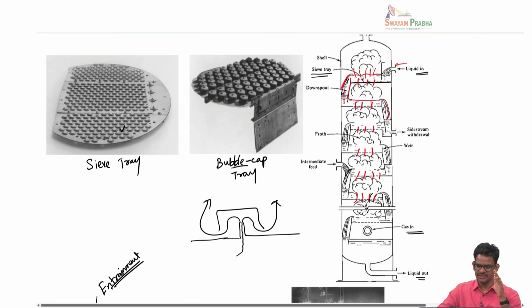That means we are allowing a particular volume of liquid to always be there at steady state, so that the incoming gas can interact with it. This takes care of the approach to equilibrium. In reality this will not fully happen, but here we are assuming there is enough provision in each stage such that mass transfer comes to completion. Therefore, the gas leaving and the liquid leaving a particular stage are at equilibrium.